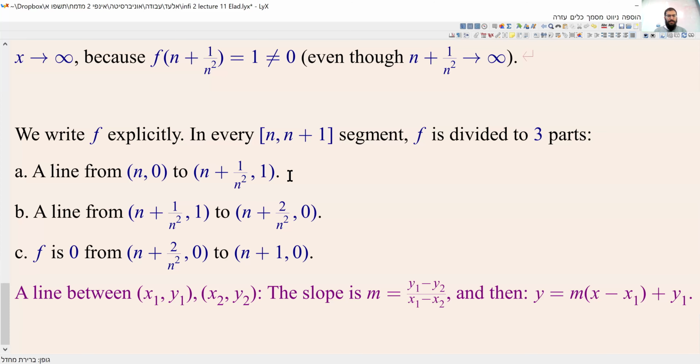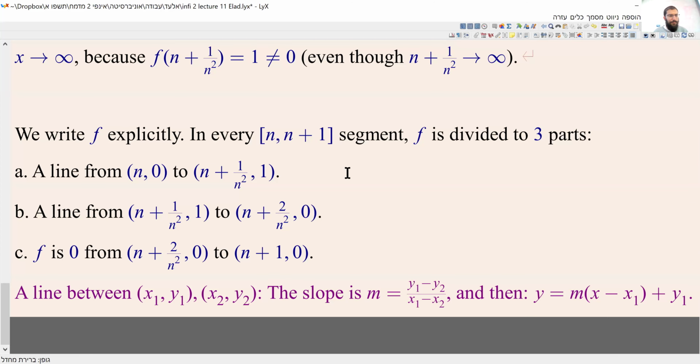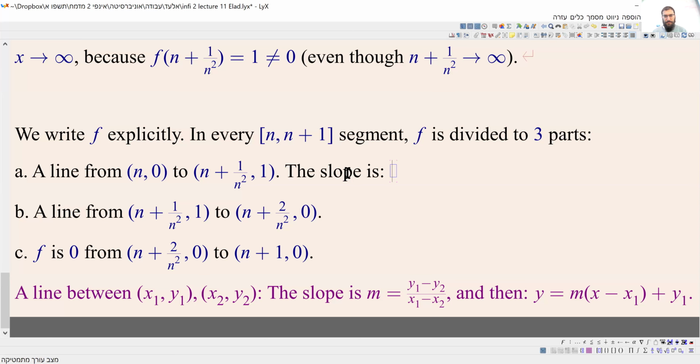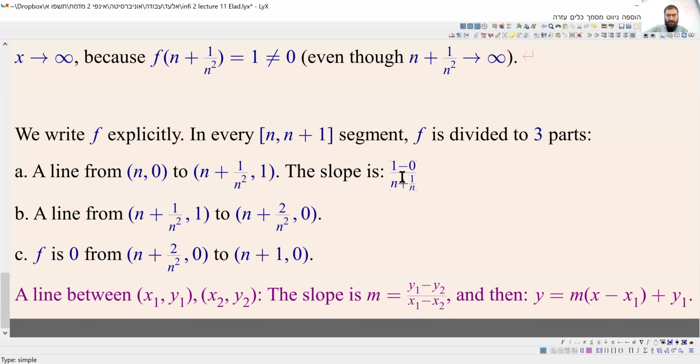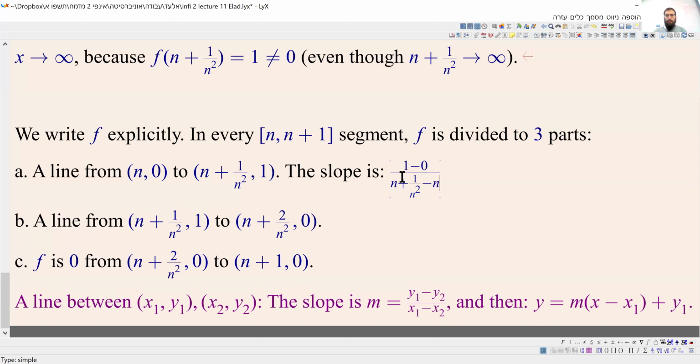So in our first line, the slope is, in the y, we go up 1. In the x's, it's n plus 1 above n squared minus n, which is 1 above n squared. And we end up with n squared.